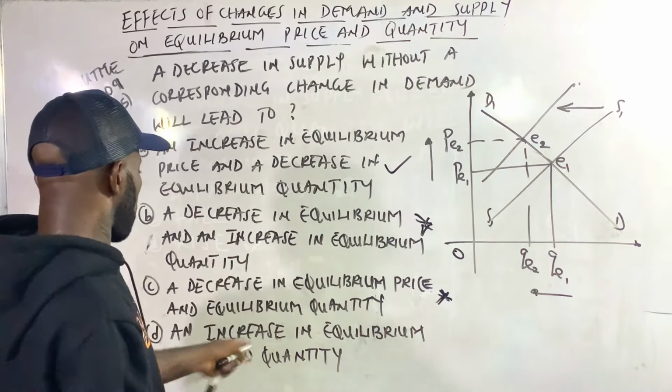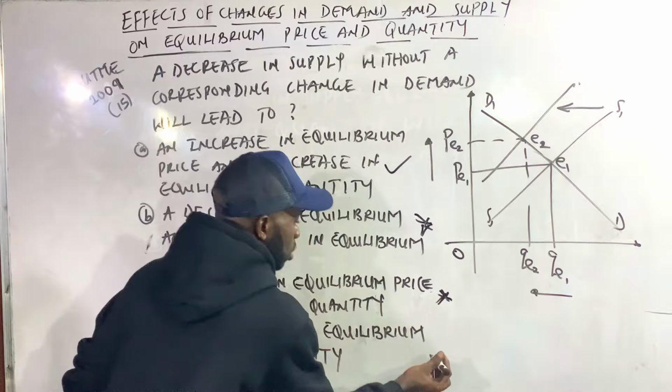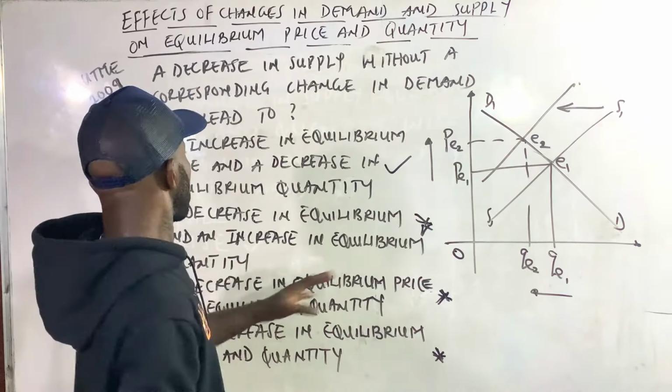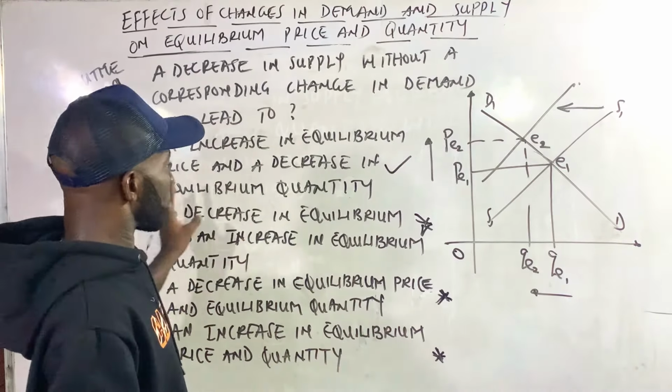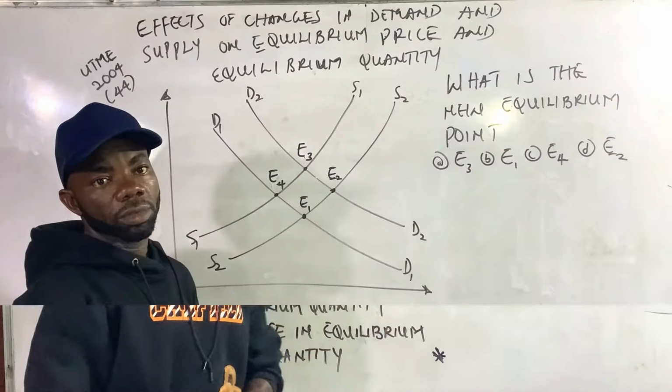An increase in equilibrium price and quantity, no. The two of them don't have increase. This is also wrong. So for any question like this, your correct answer is option A, an increase in equilibrium price and a decrease in equilibrium quantity, just the same way we have it on the diagram.